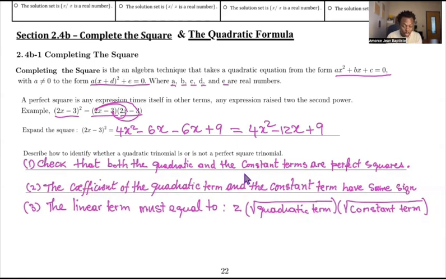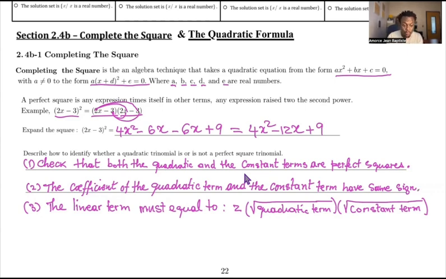First, you need to check that both the quadratic and the constant terms are perfect squares. Number 2, the coefficient of the quadratic term and the constant term would need to have the same sign.